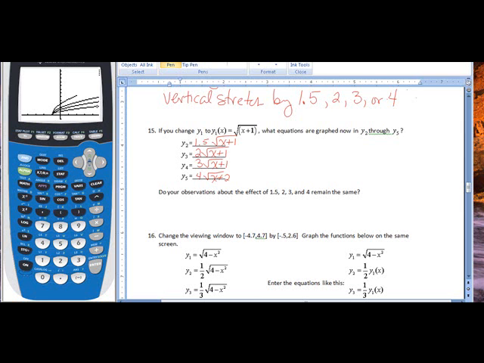Then we've got 1.5 times that function, 2 times that function. And it certainly appears to me that this curve is twice as tall as the curve we have on the bottom. There's 3 times as tall, and there's a curve that is stretched out to 4 times the original curve. So we are seeing the same thing happening.